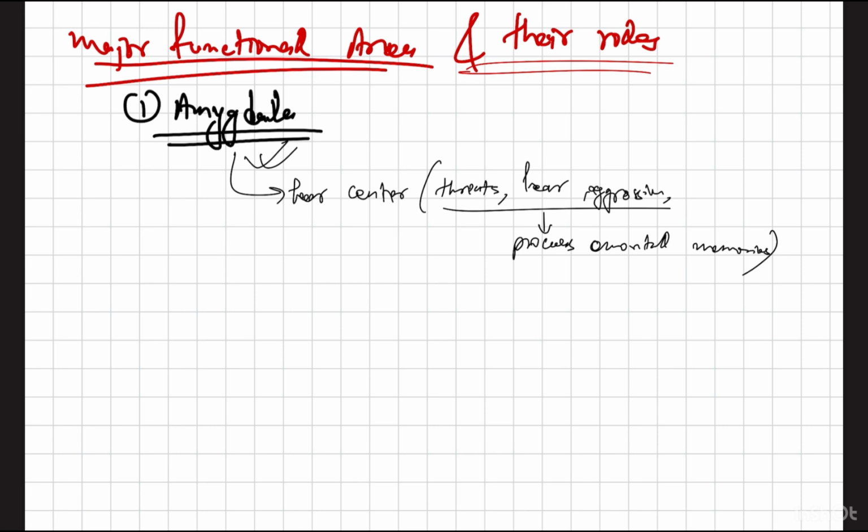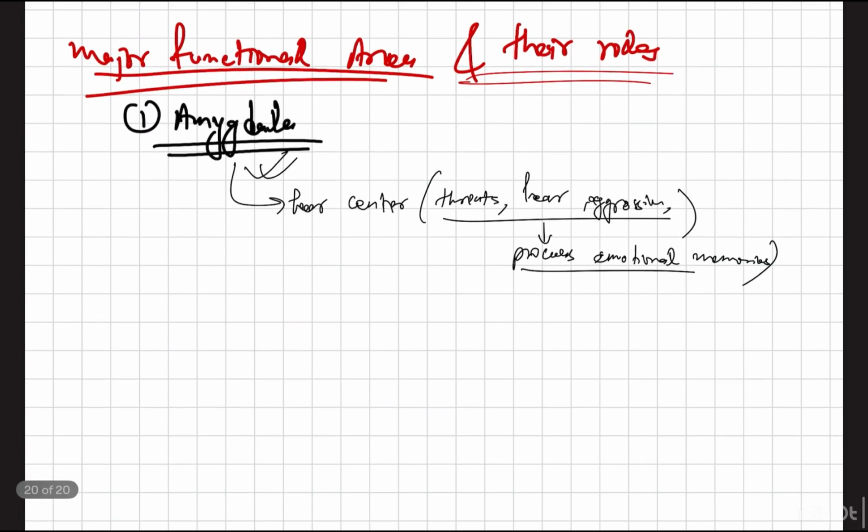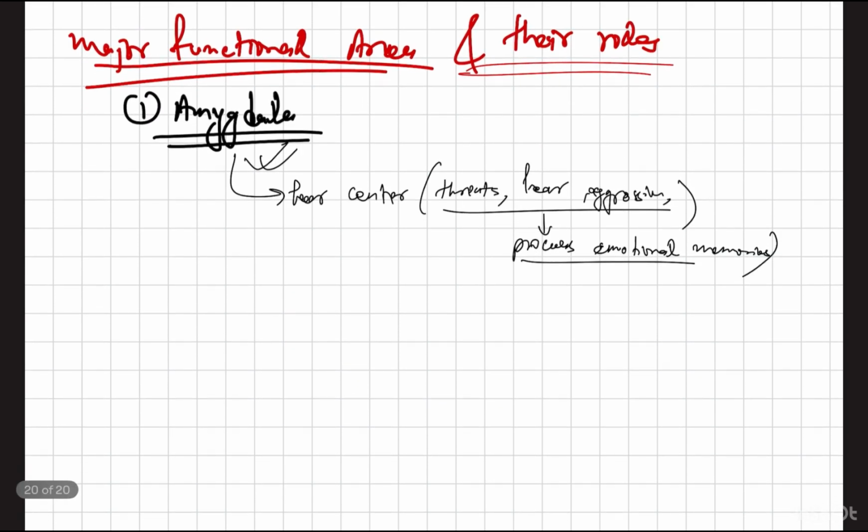Like if in the past there was any threat or fear, and then later if a person is teasing or there is any threat, it passes through the amygdala, and the amygdala processes the past emotional memories, and that leads to emotional detection. It's connected to the hypothalamus by the stria terminalis, to trigger the autonomic response to increase the heart rate.